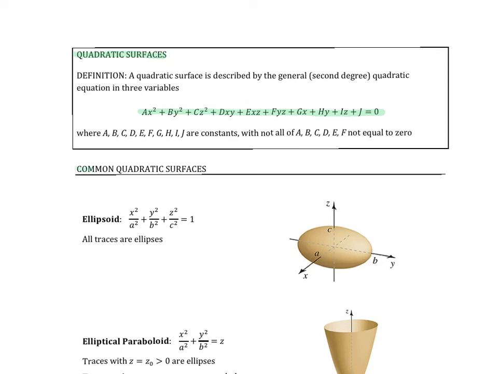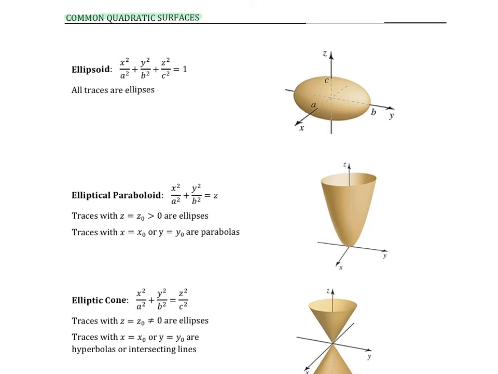We're going to look at some common quadratic surfaces that come up. The first one is this ellipsoid, and our quadratic surfaces are described by their traces. Notice that if I cut through this ellipsoid with the xy plane, I get this trace that's an ellipse.